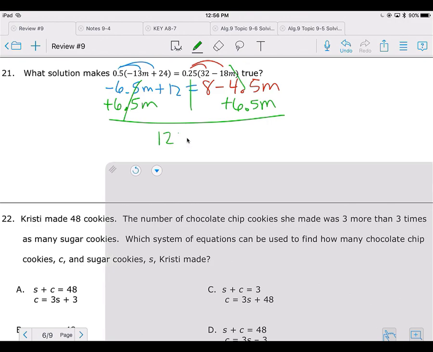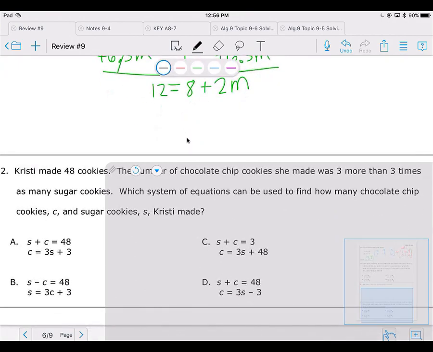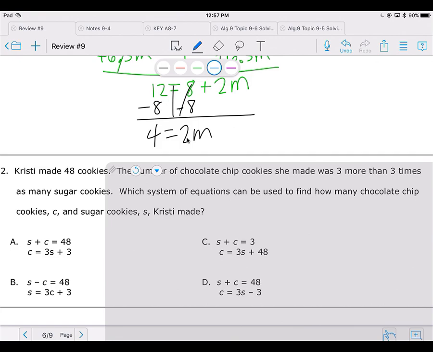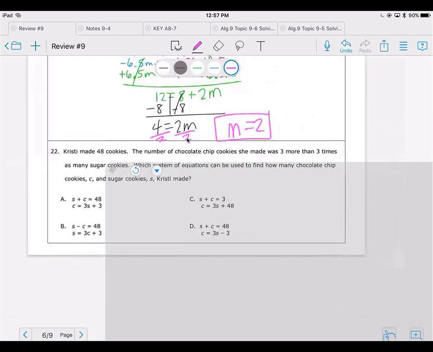I haven't moved the 12. I haven't moved the 8. When I put these together, I get a positive 2m. I move the 8 through the opposite operation. 4 equals 2m. Divide everything by 2, and m equals 2. So an m value of 2 would make that solution true.